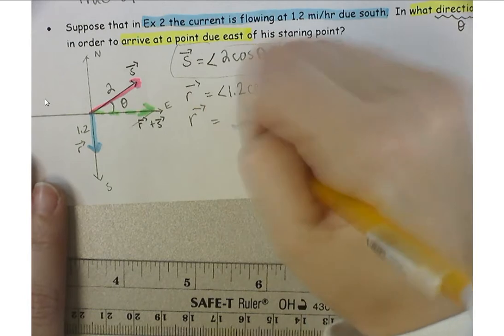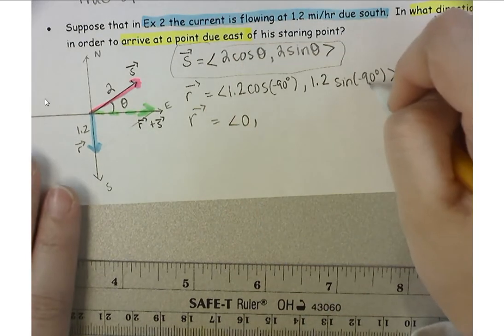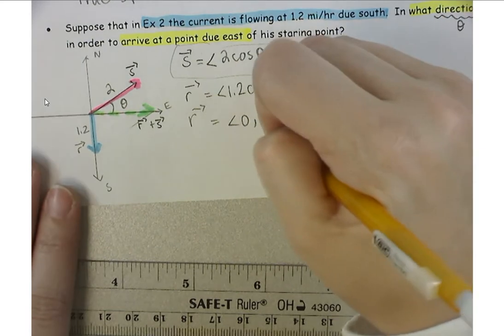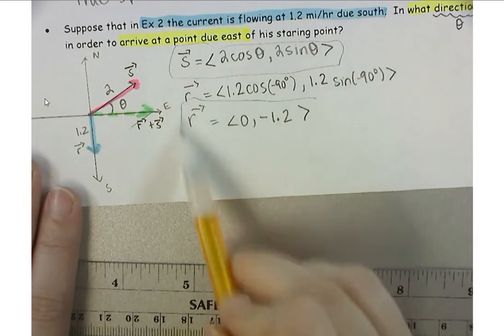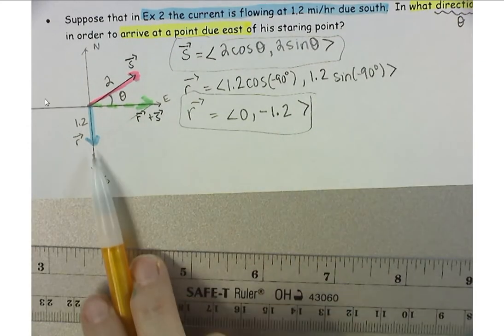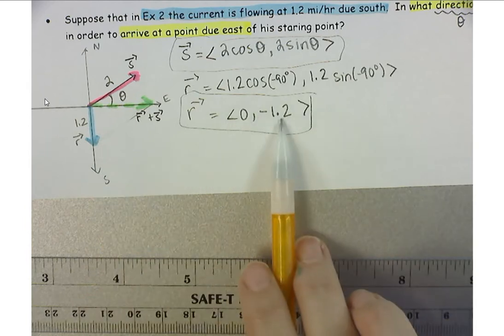So then this is going to be 0. And then the sine is negative 1. So negative 1 times 1.2 will be negative 1.2. Okay, and again, that should make sense. See how the arrow's going down? So you should have 0 and then a negative value, which is going to be the magnitude.